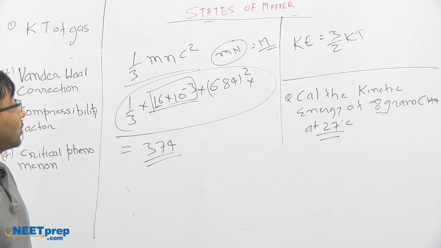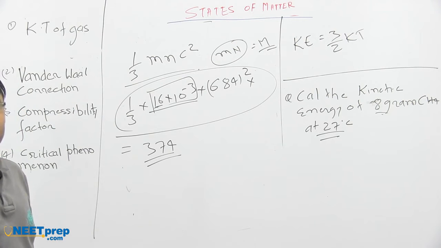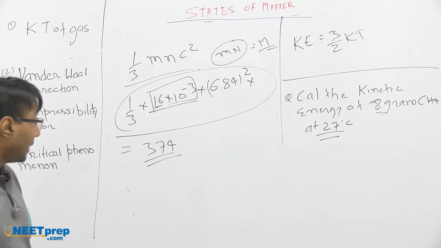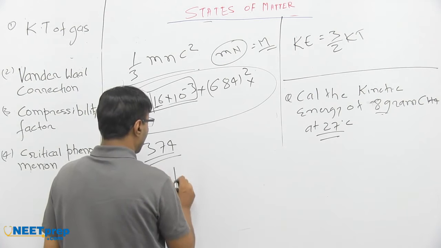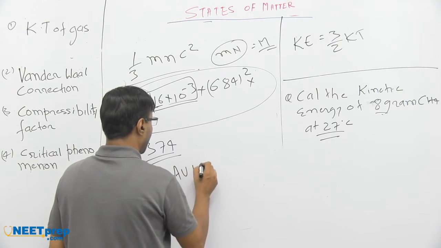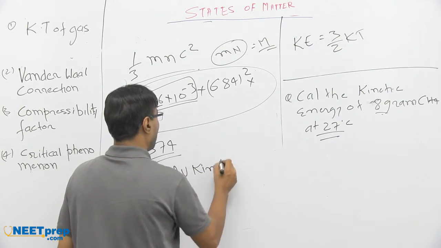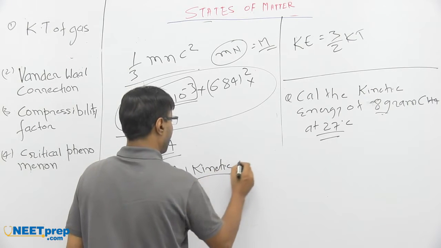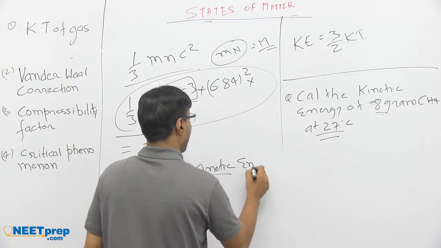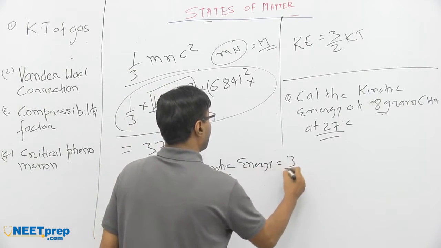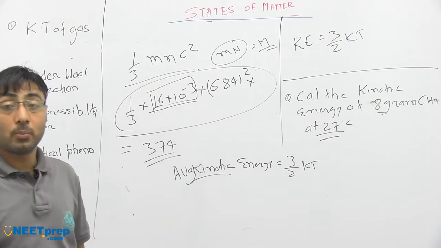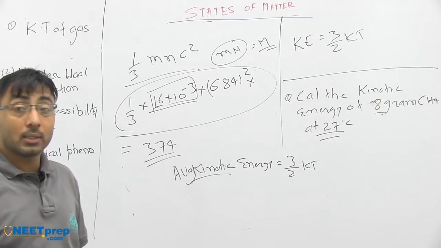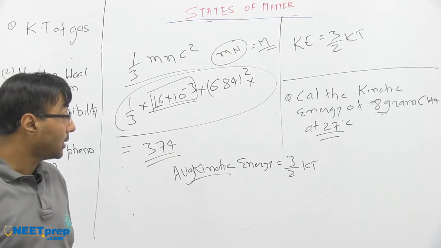If we want to find out kinetic energy per molecule or average kinetic energy, then we need to use the formula average kinetic energy equals 3 by 2 kT, where k is the Boltzmann constant, 1.38 into 10 raised to power minus 23.